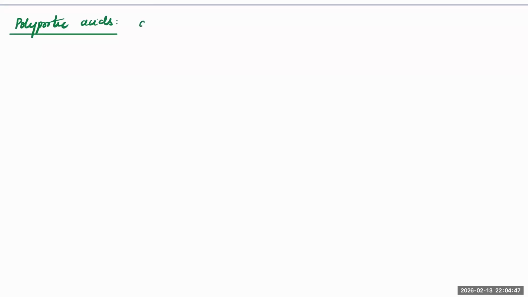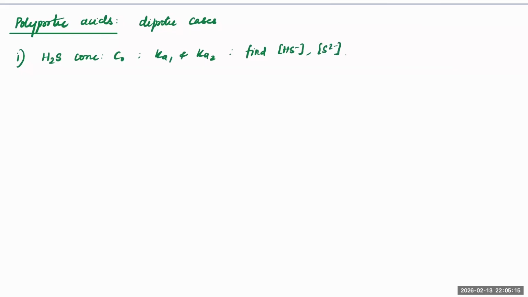So for diprotic cases, the first case will be like this: I have H2S, concentration C naught given, and Ka1 and Ka2 given. We need to find the HS minus concentration and the S2 minus concentration. This is typically the question.